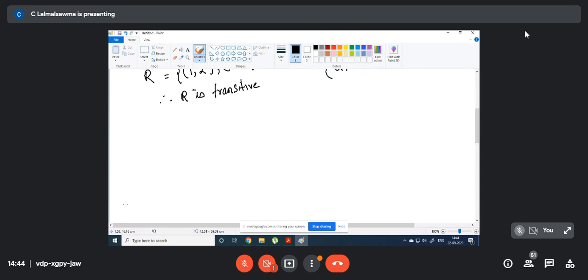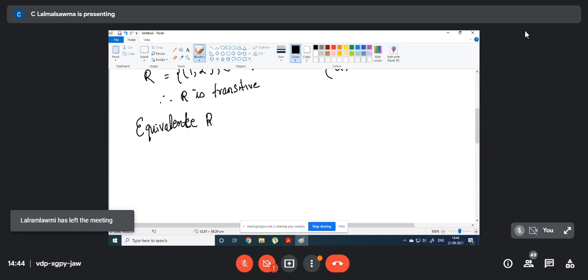Equivalence relation. Can anyone remember what is equivalence relation? The definition. I think you studied this in class 11 or 12.